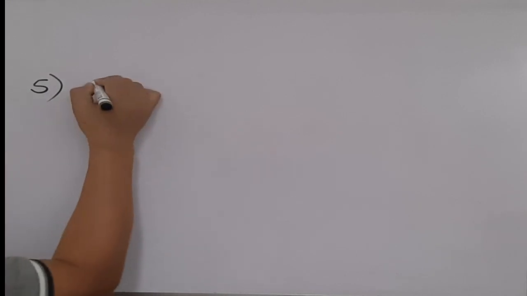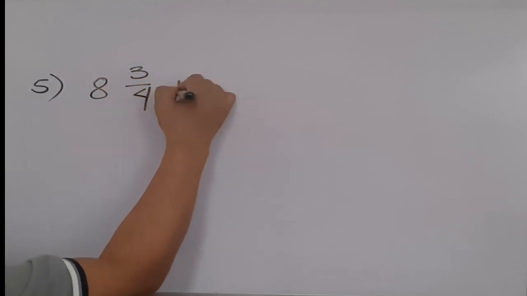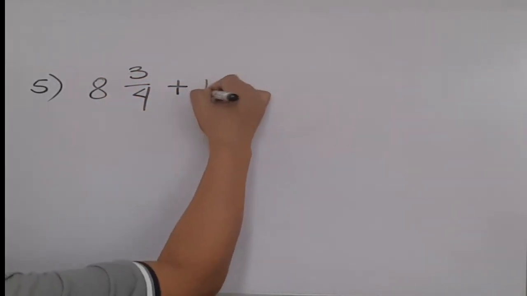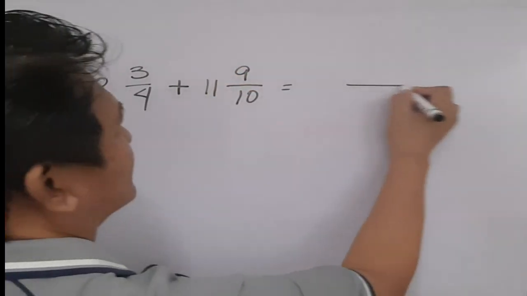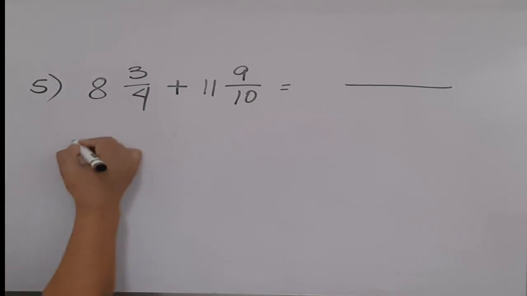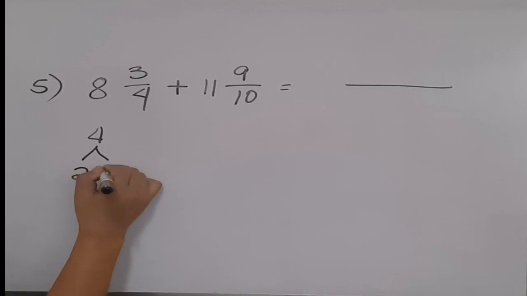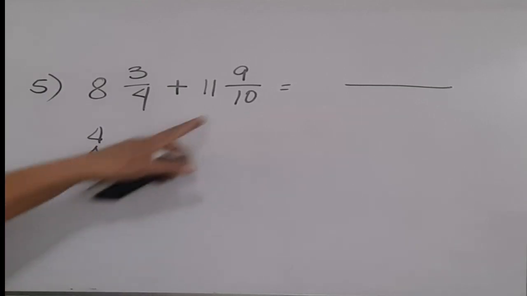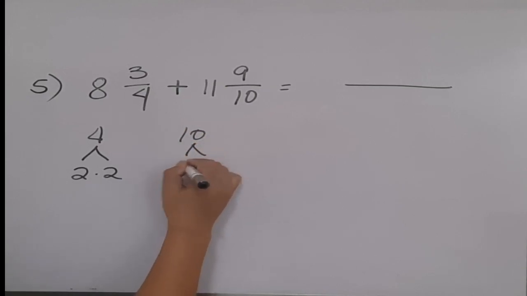8 and 3/4 plus 11 and 9 over 10. Hanapin muna natin ang ating LCD. So, factor natin ang 4 equals 2 times 2. At ang factors ng 10 ay 2 times 5.